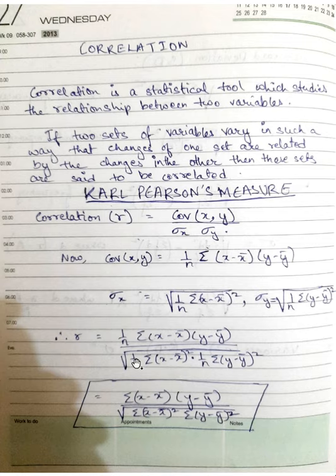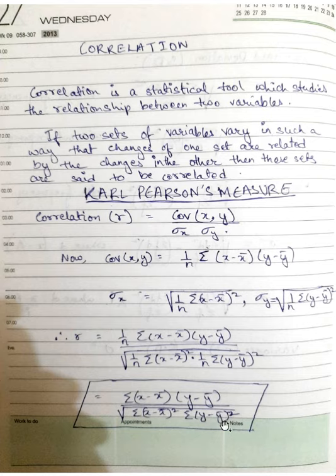So if we multiply 1 by n and 1 by n, we get 1 by n square. We take it out of the square root, it becomes 1 by n again. This 1 by n and the 1 by n cancels out, and we finally get summation x minus x bar into y minus y bar divided by under root summation x minus x bar whole square into summation y minus y bar whole square.